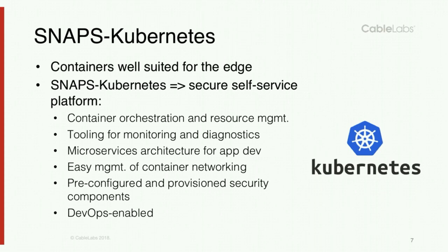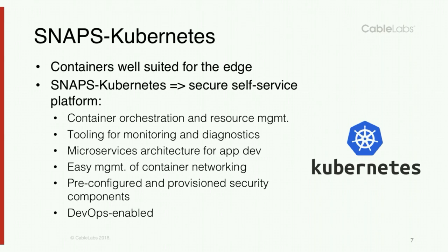The networking technologies have to be selected for NFV SDN and installed, and the same thing with storage, meaning the reference architecture stack that's deployed has to be well suited for the SDN NFV use case, which is exactly what SNAPS-Kubernetes is.